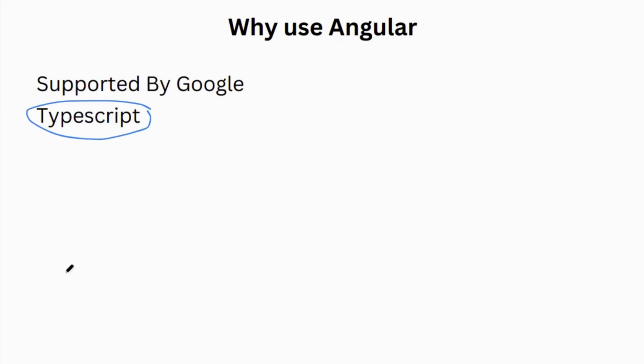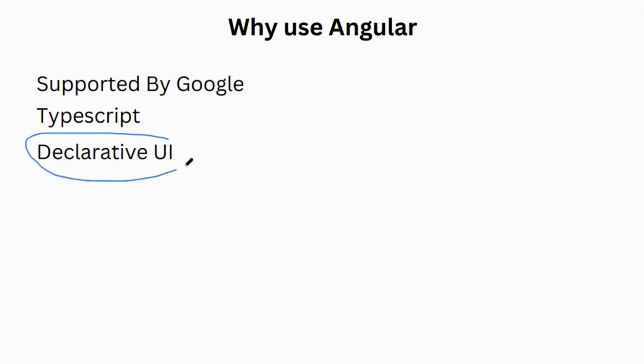You can also opt out of its built-in features when you need. Let's go to another one, declarative UI. As I will teach you Angular in our next lectures, we will see how this declarative UI works. For that, we can now say Angular uses HTML to define the UI of the application.